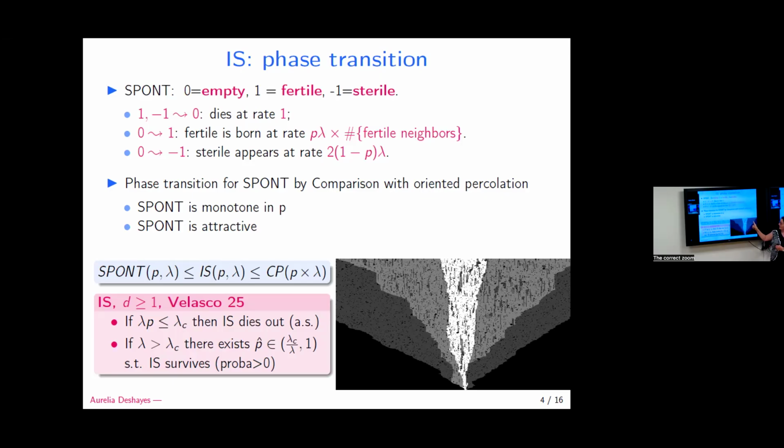The gray is one for IS and CP, but not SPONT. And the light gray is the one for CP, but not IS and not SPONT. So you see that SPONT is the smaller, IS in the middle, CP is the bigger.